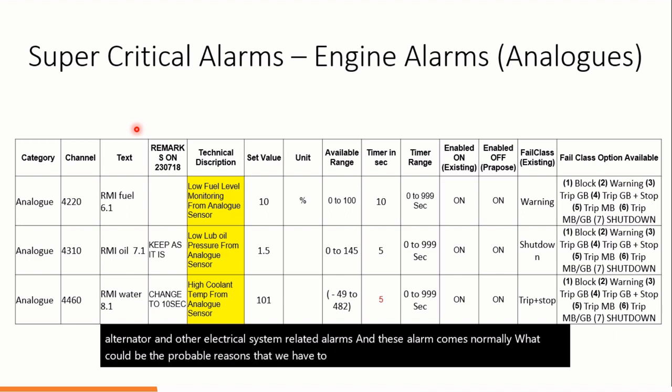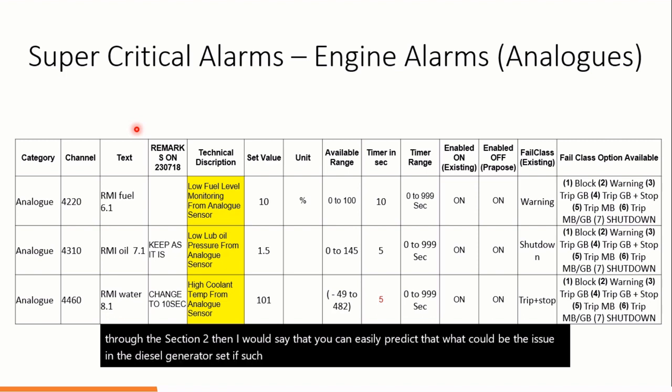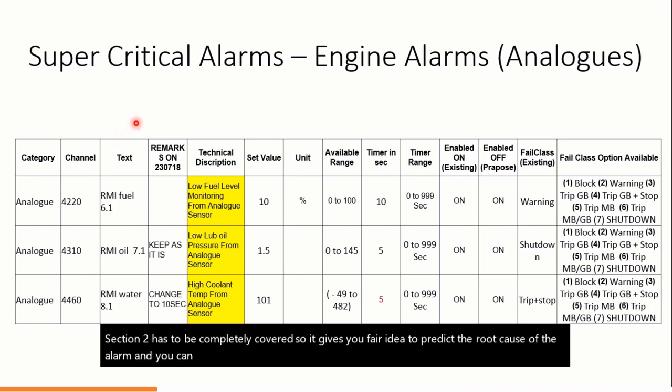If you have completely gone through section 2, you can easily predict what the issue in the diesel generator set could be. So it is mandatory to completely cover section 2 before going through this section. It gives you a fair idea to predict the root cause of the alarm, and you can accordingly take action for troubleshooting.